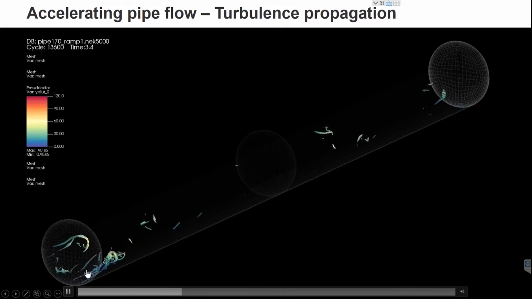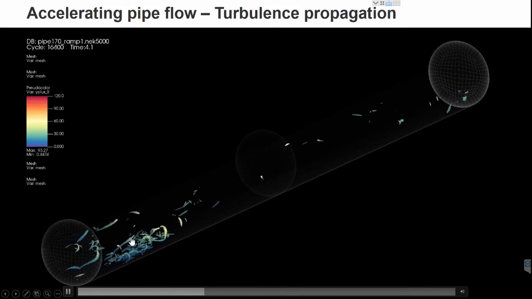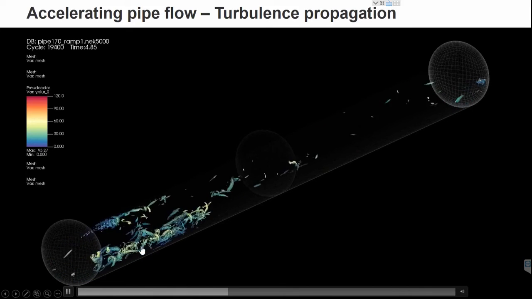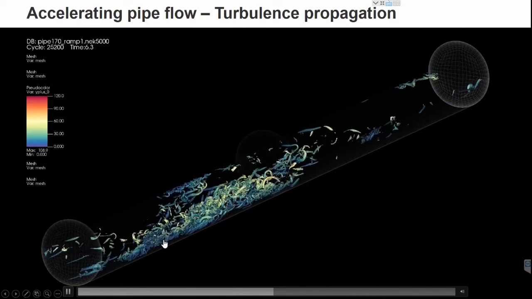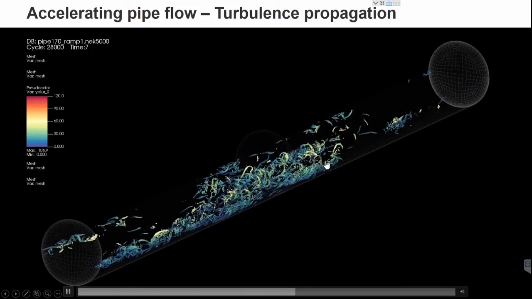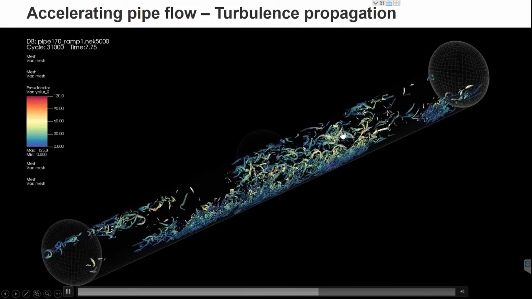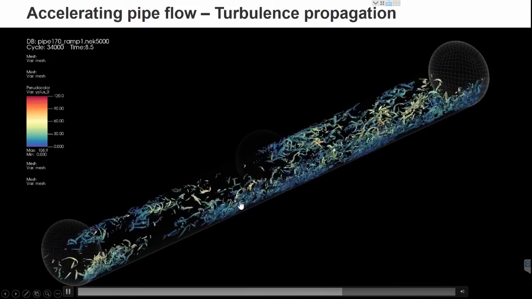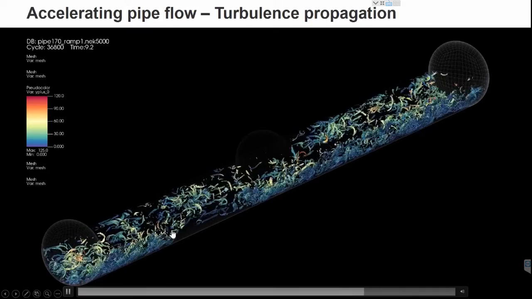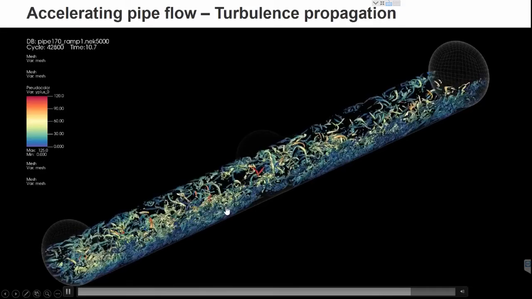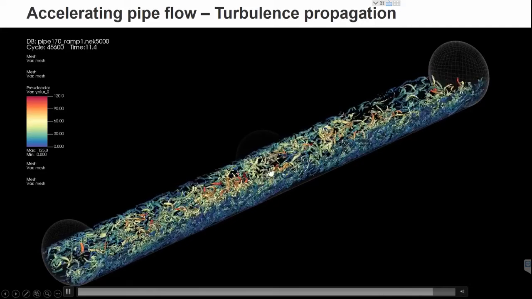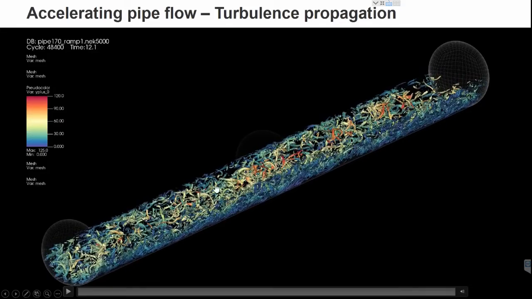However, after, we can see that some turbulence, similar to what we see in the transition from laminar to turbulent, is generated. And then the field is being populated with turbulent eddies, which propagate first near the wall. We can see from the color that the turbulent eddies are now populating the near wall region, and then they start propagating towards the pipe core.